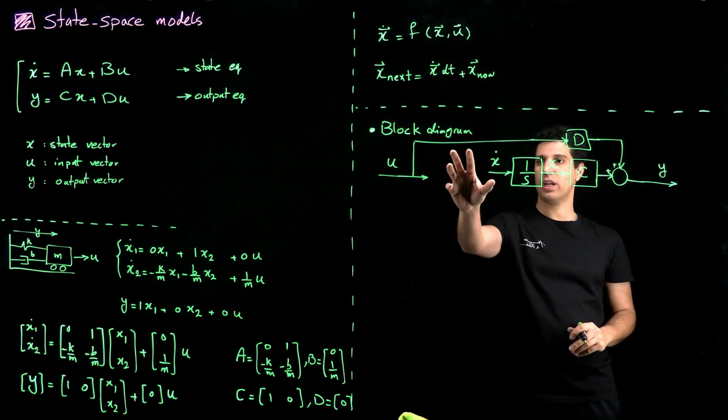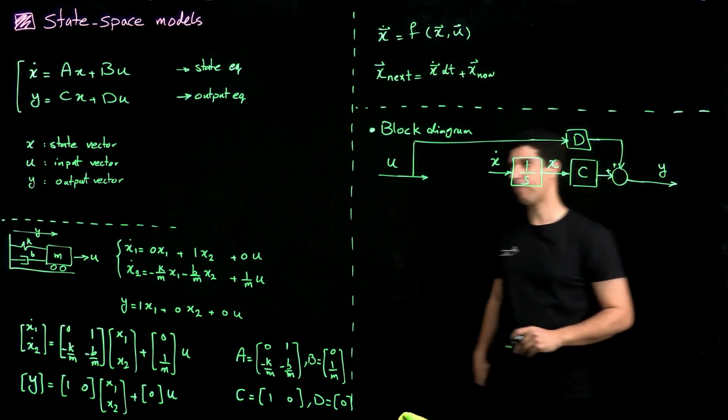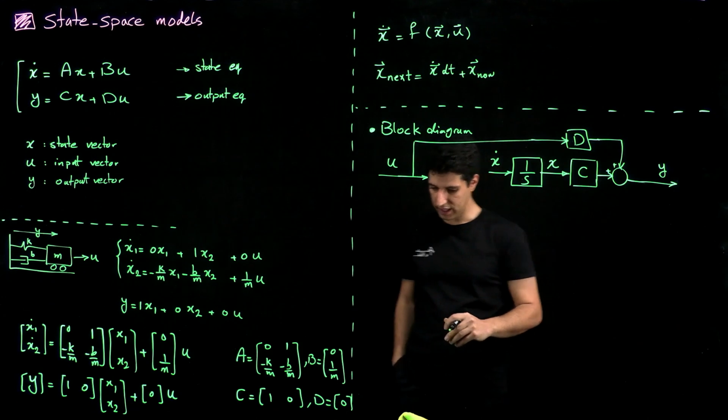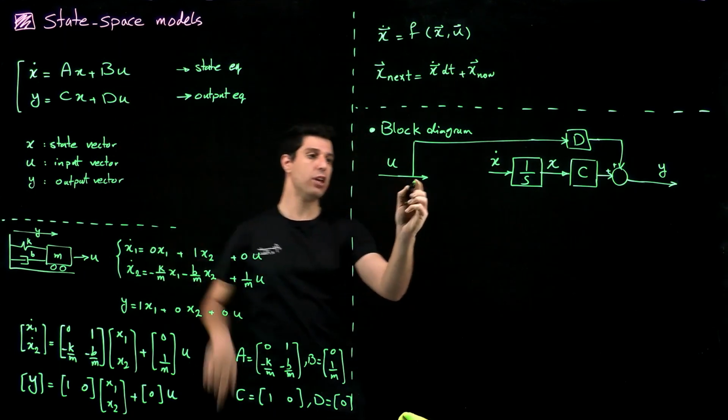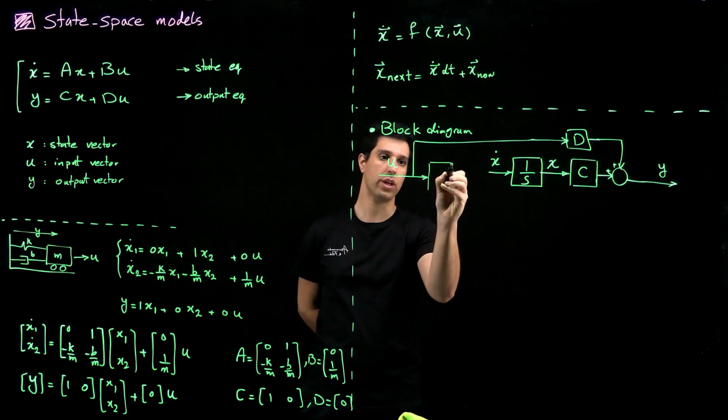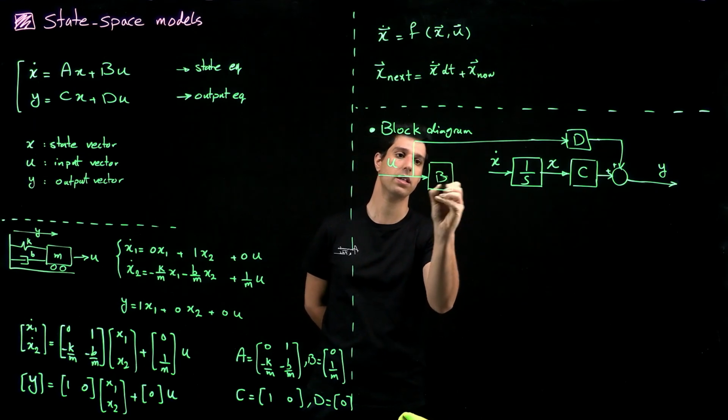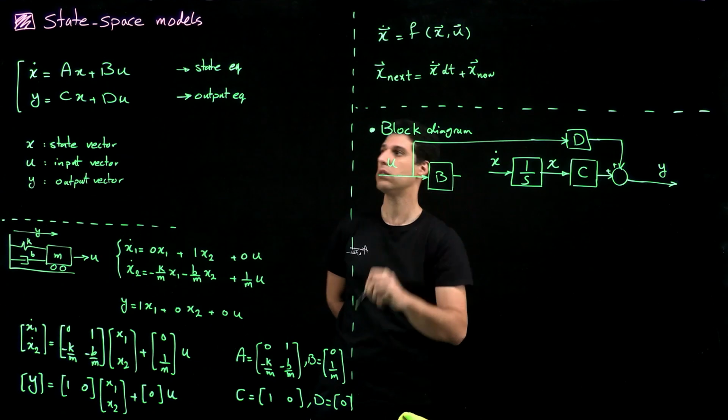And how do we construct this? It's relatively easy. So to get x dot, I need Bu, so I can do this, multiply it by B, so now I have Bu.